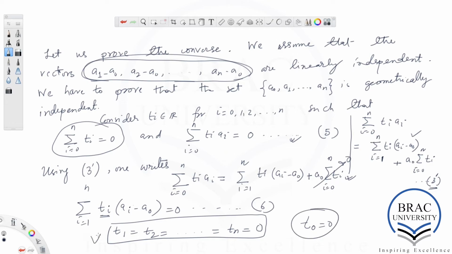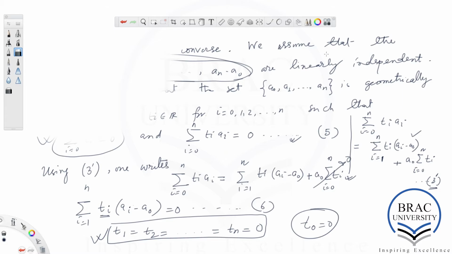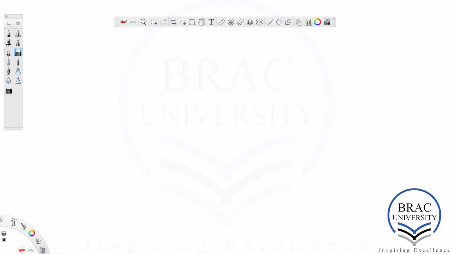So together this and this equation imply that t0 is equal to 0, so that we finally have all these scalars identically 0, starting from t0, t1 all the way up to tn.